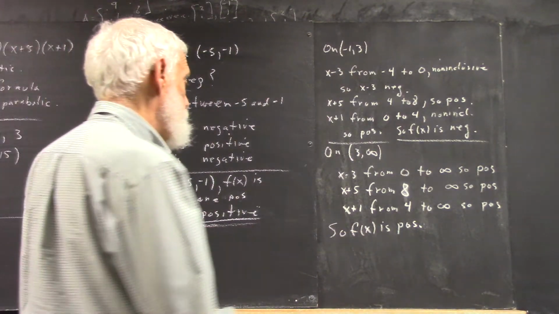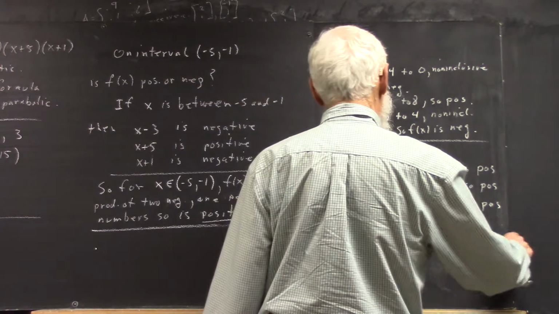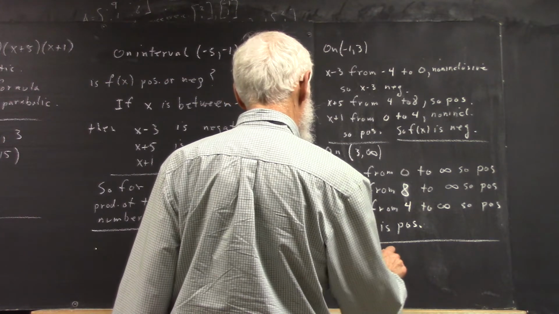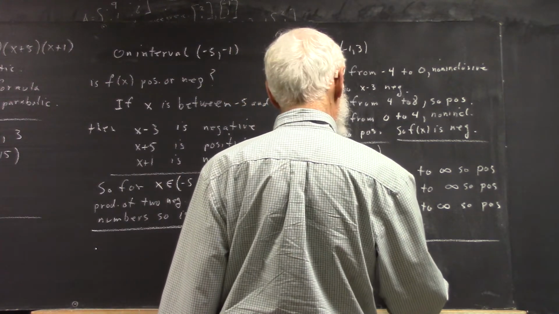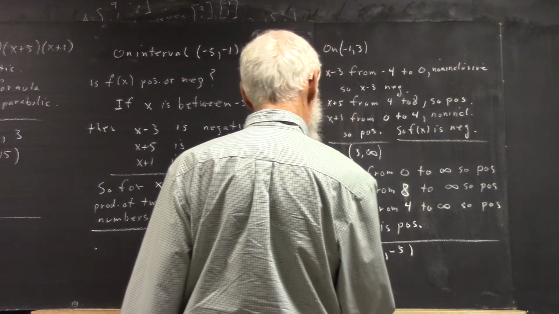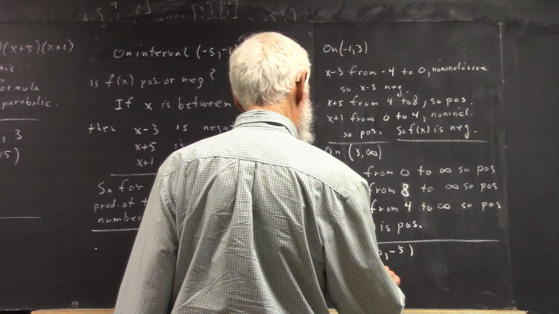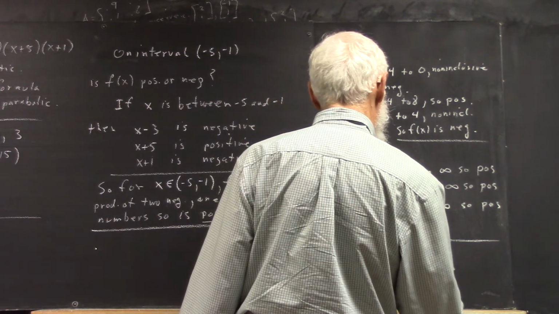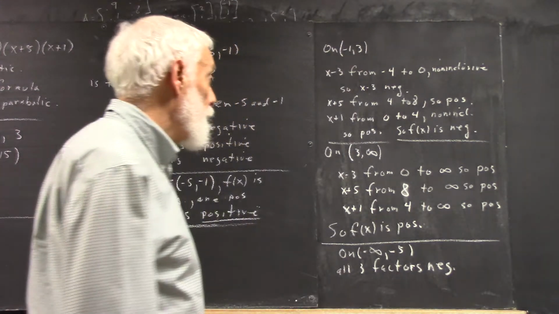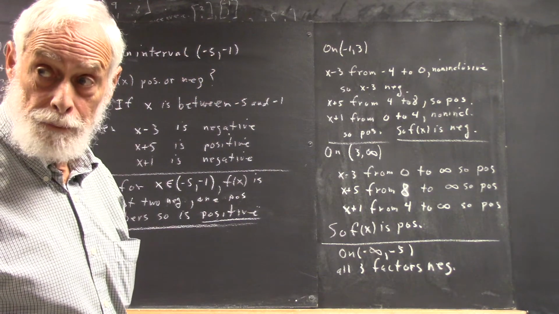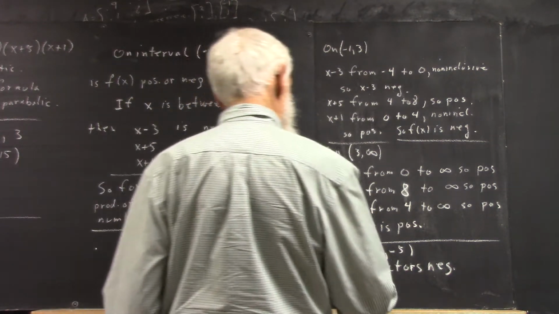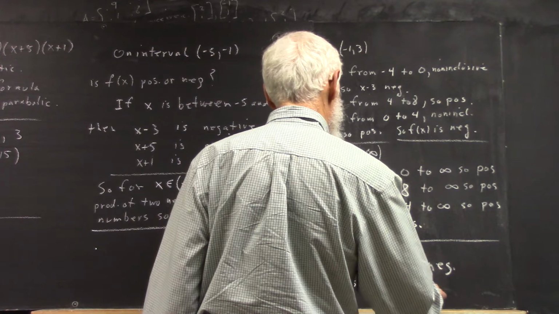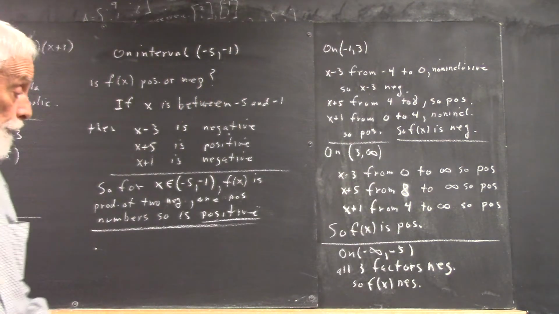Okay? On negative infinity to negative 5, all three of the factors are negative. Okay? So f of x is negative.